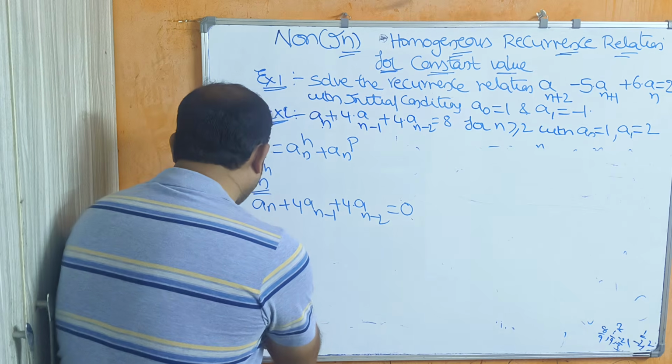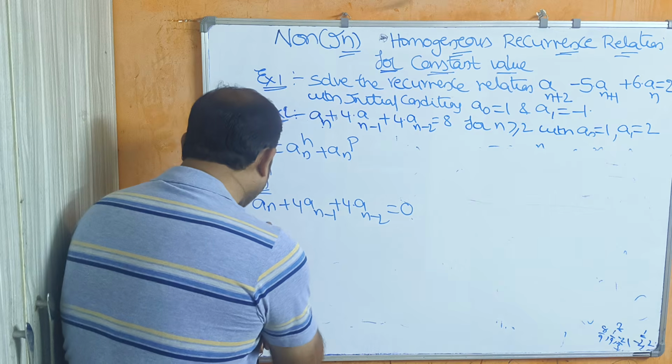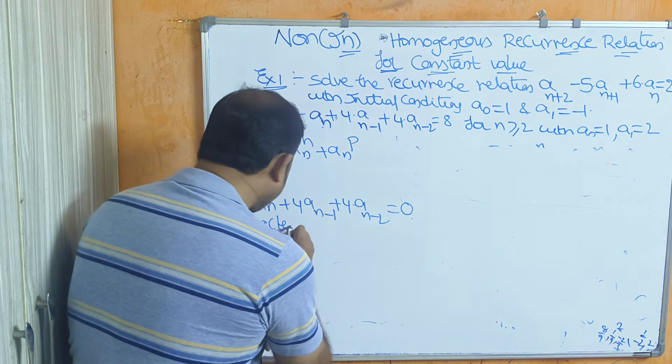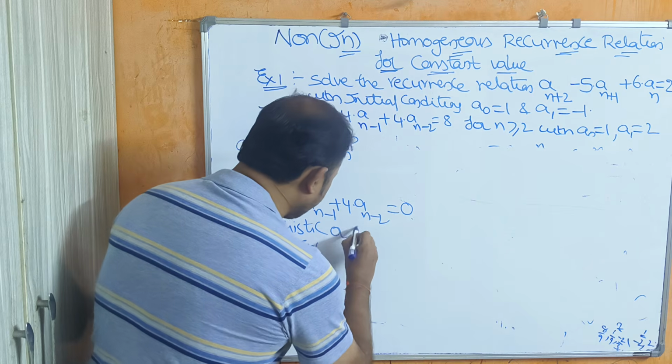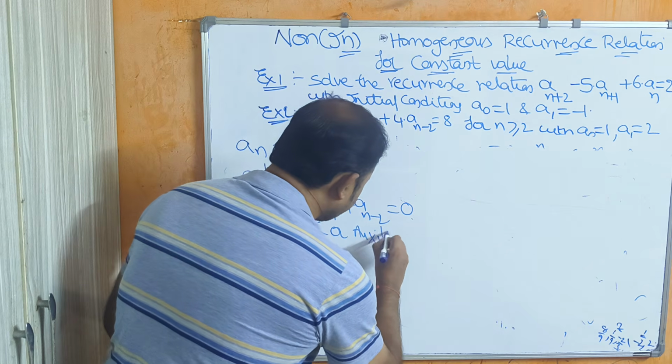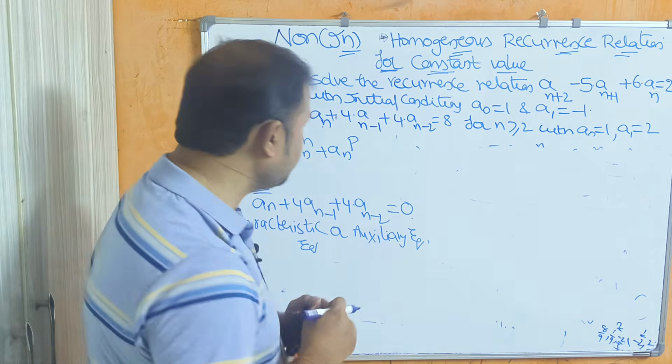So now we know the characteristic equation or auxiliary equation for second order homogeneous recurrence relation.